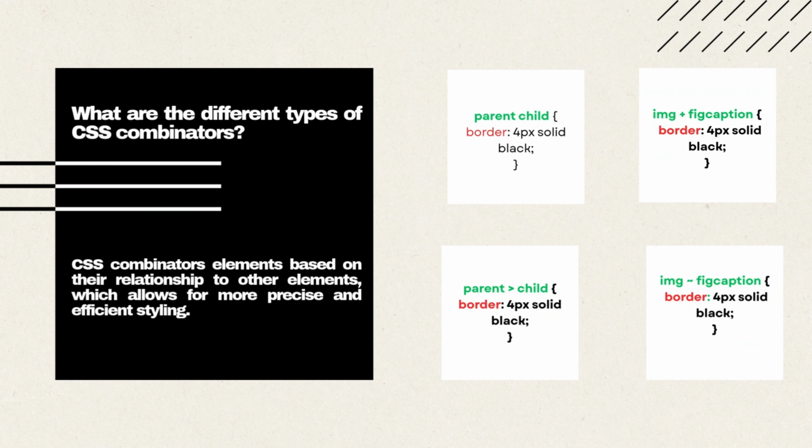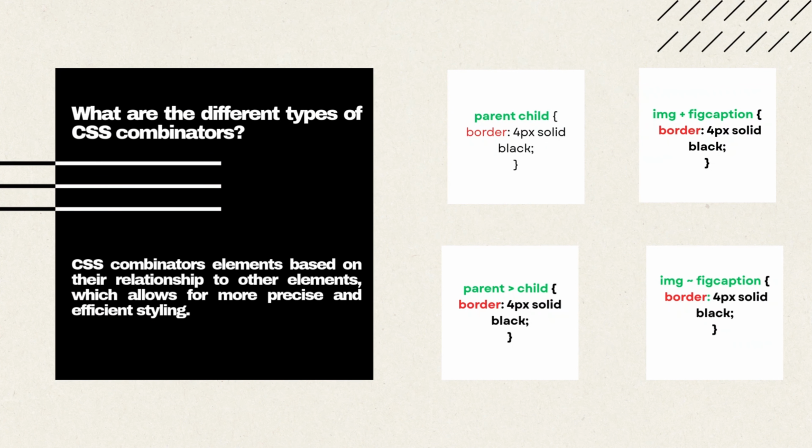To style the figcaption, you can target the image and then use the next sibling combinator to target the figcaption, right? That's how this works. Now the next one we have, or the last one, would be the subsequent sibling combinator, right?